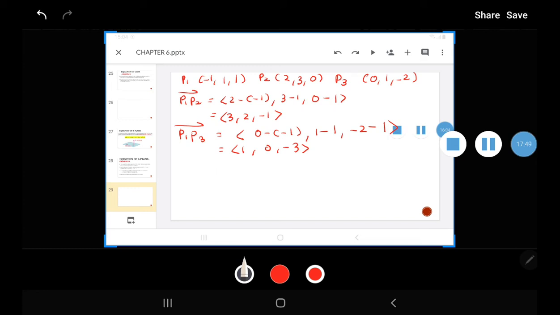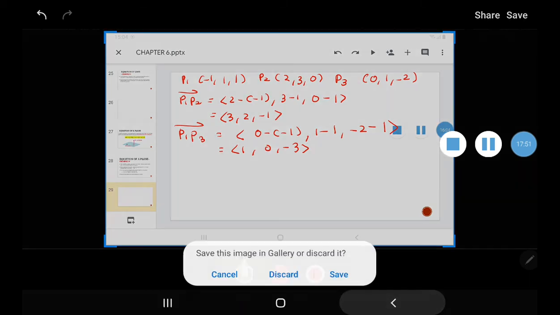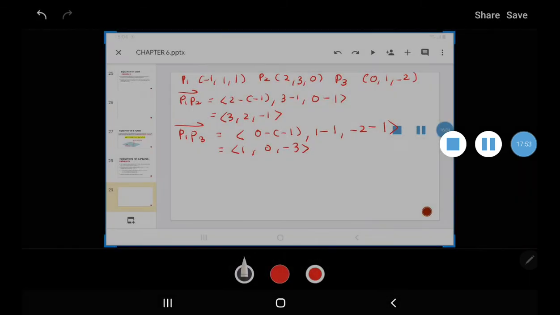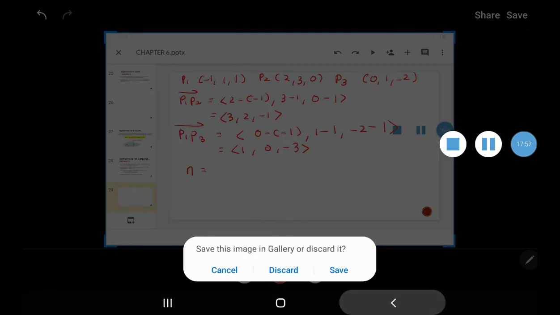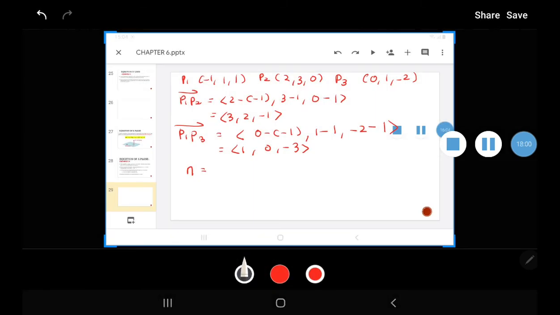So to find a vector for the lines connecting all 3 points, you have to do a cross product for those two vectors. Again i, j, k.